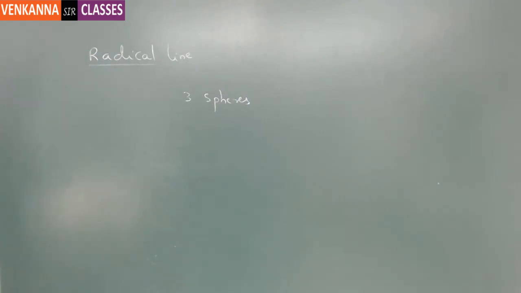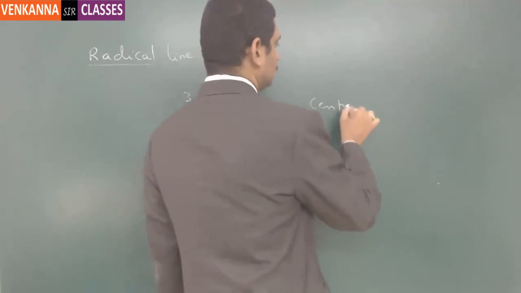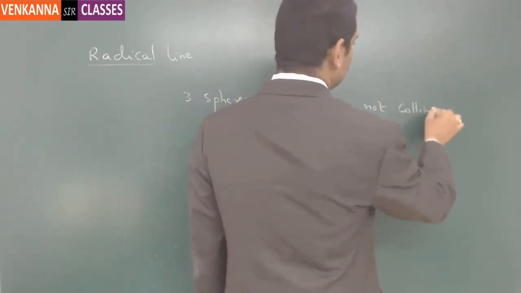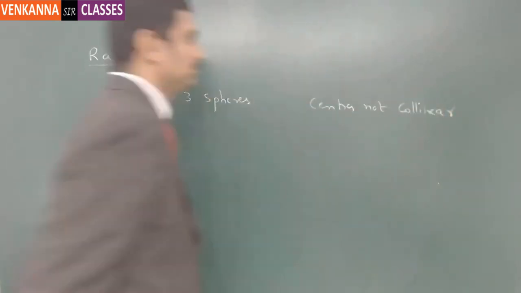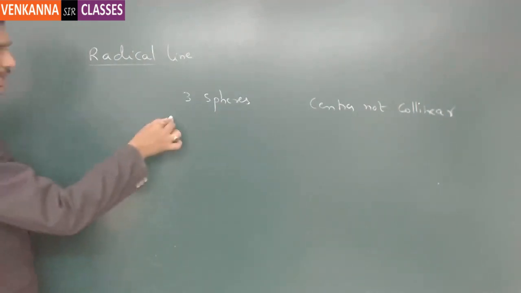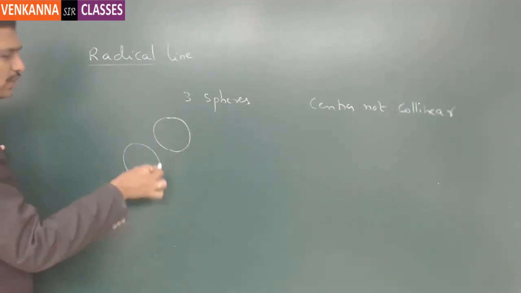The centers are not collinear. Now imagine that three spheres are there, and the centers are not collinear.